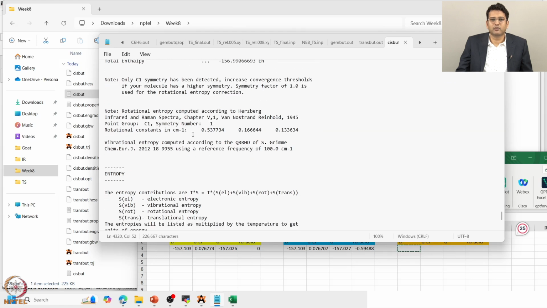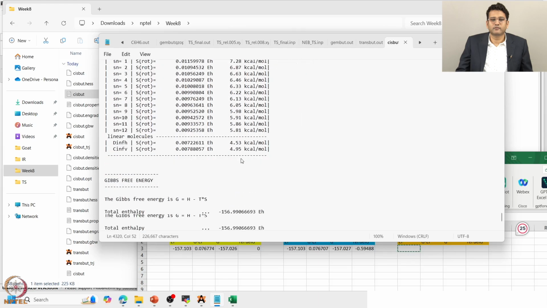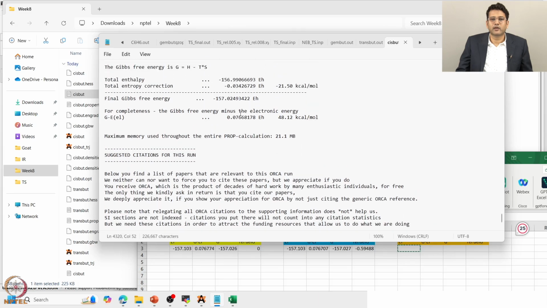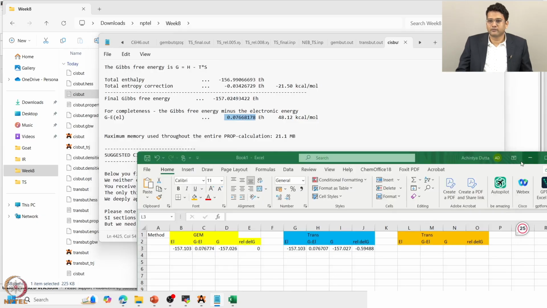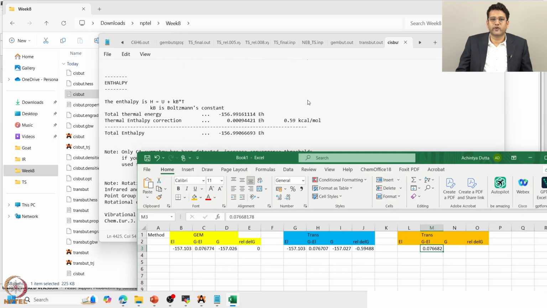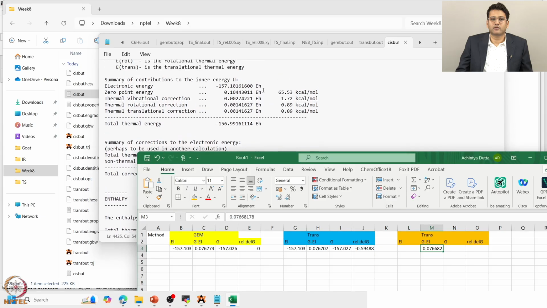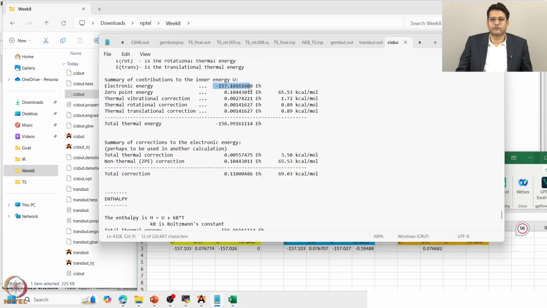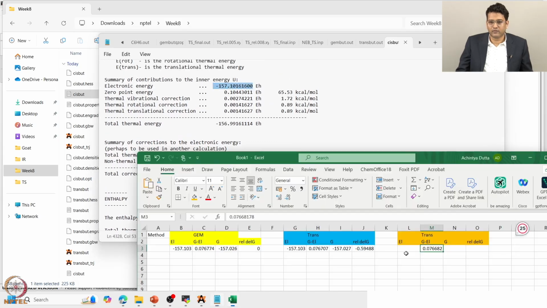This is the Gibbs free energy minus the electronic energy. So this is basically the other contributions. The electronic energy is not copied previous time. This was my electronic energy. And the total free energy is this.